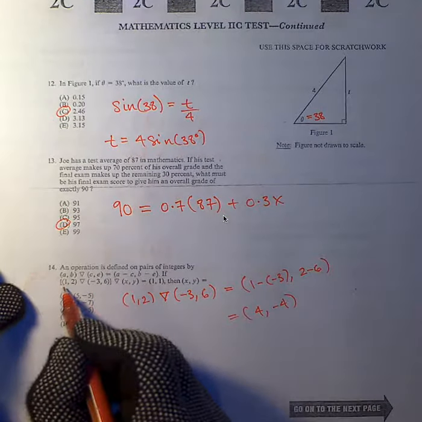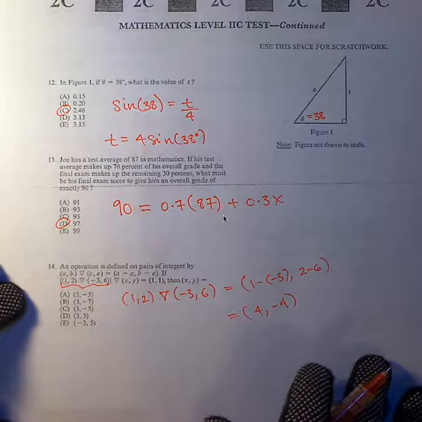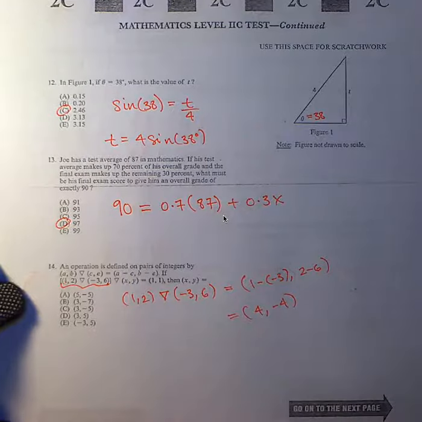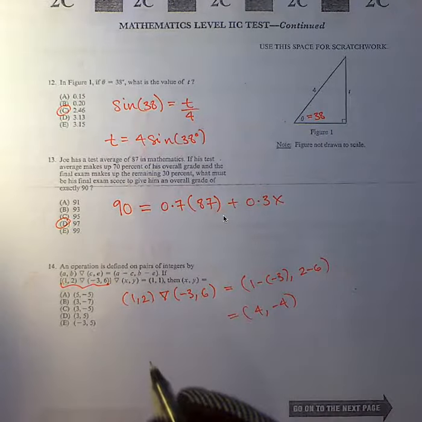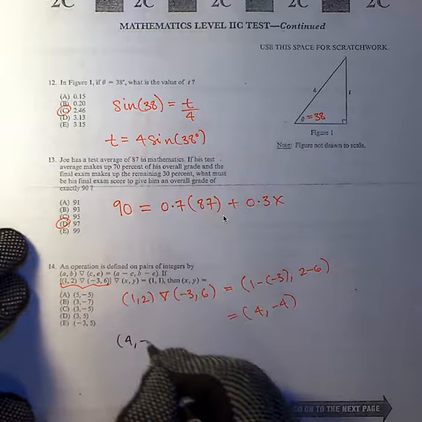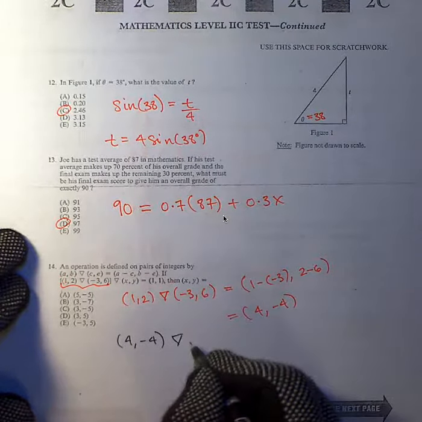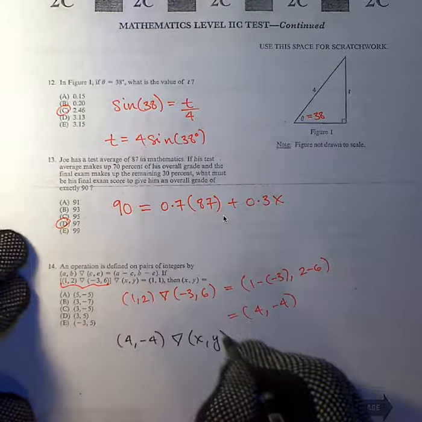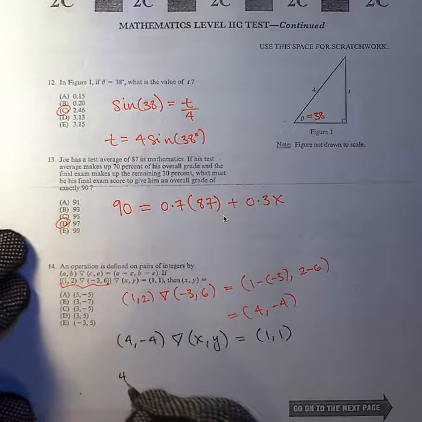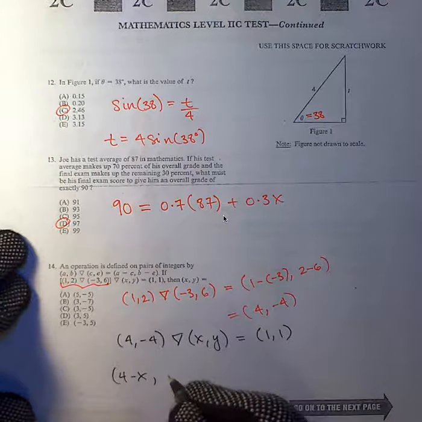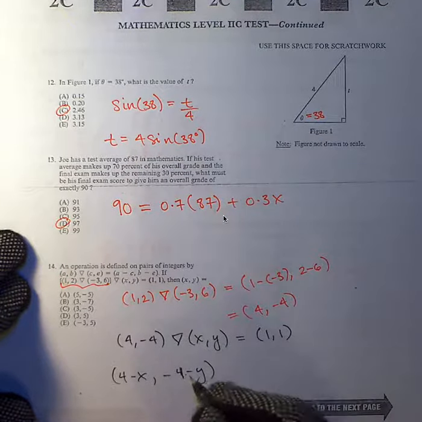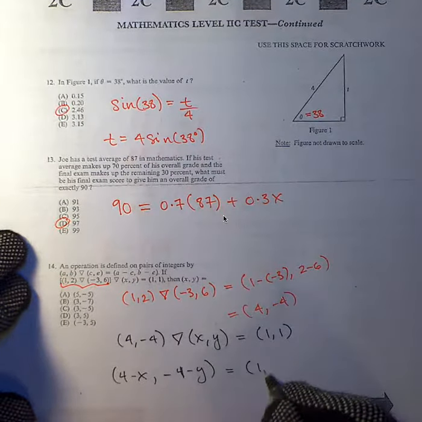Now, that means that we know what this is, but we need to put it in an upside down triangle with x, comma y. So we're saying that this, which is 4, comma negative 4, needs to be put in an upside down triangle with x, comma y, and needs to equal 1, 1. So that means 4 minus x, comma negative 4 minus y is what we'll have, and we need this to equal 1, 1.